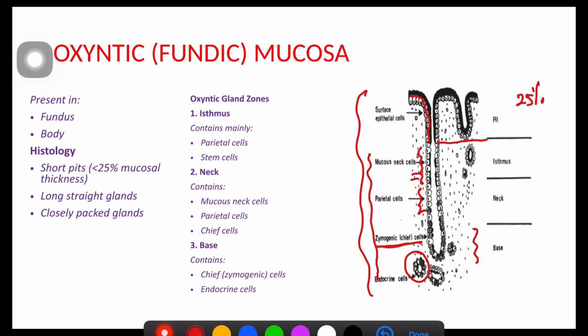You remember parietal cells, stem cells, mucous neck cells, chief cells and endocrine cells. And mostly the surface pit is only 25%, whereas the remaining glandular structure occupies 75%.